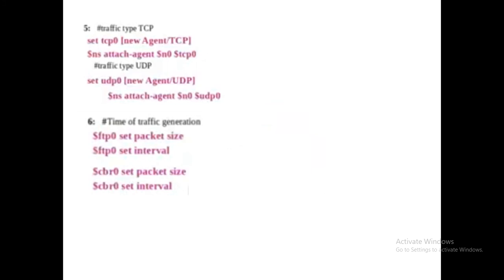Now we have seen that if you are using TCP, then you have to link to that particular agent. Now what is your agent here? Agent means, what is the type of transport layer we are talking about? So you are going to use set tcp0.